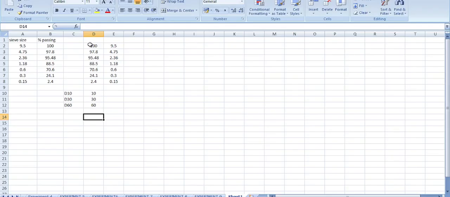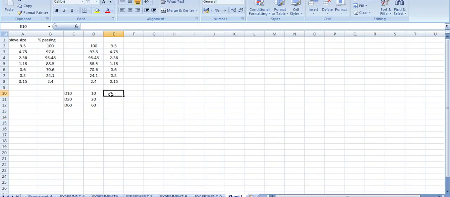So you can see we have 100% passing, we have 27.6, we have this, and finally we have 10% passing, 30% passing, 60% passing, which we don't know their values and which we are looking for. We want their values to be here, that is the corresponding sieve size of this percentage.